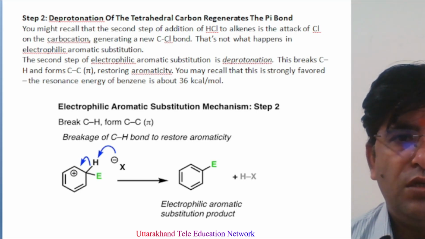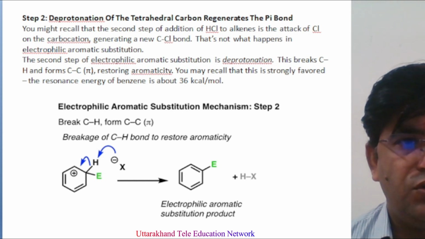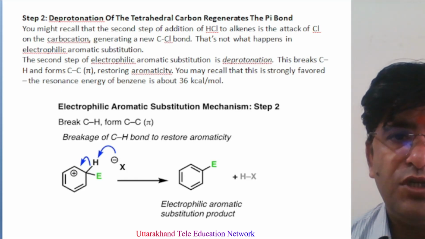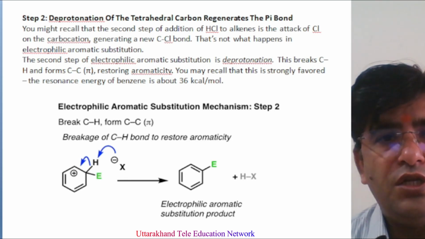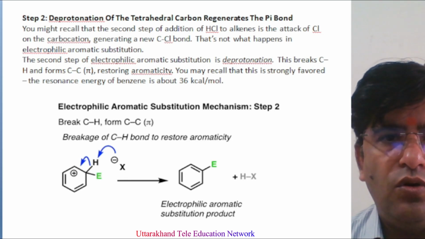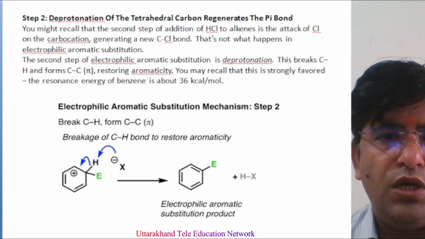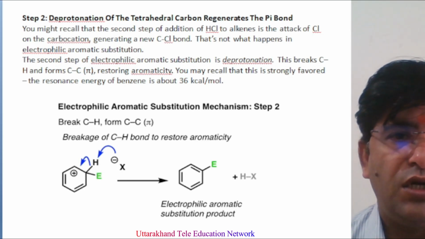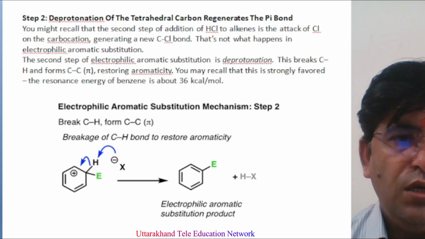That is not what happens in electrophilic aromatic substitution. The second step of electrophilic aromatic substitution is deprotonation. This breaks the C-H bond and forms a C=C pi bond, restoring aromaticity. You may recall that this is strongly favored. The resonance energy of benzene is about 36 kilocalories per mole.